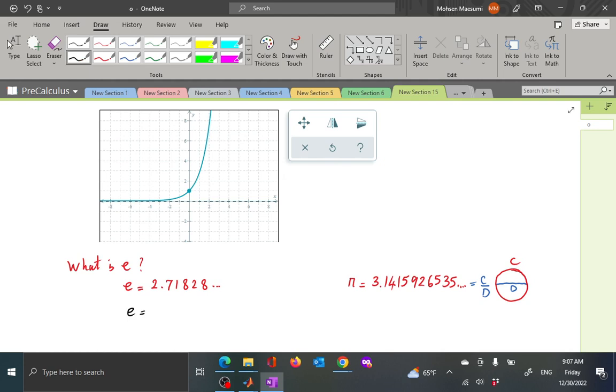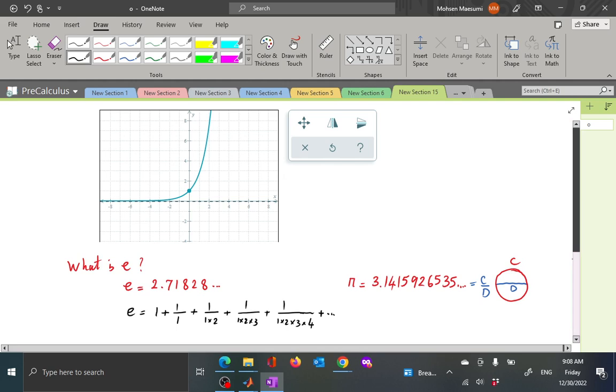One way to describe e is the following series: 1 plus 1 over 1 plus 1 over 1 times 2 plus 1 over 1 times 2 times 3, and so on we go. Okay, so this summation never stops, which just keeps adding, and this one, if you calculate it, comes close to this number quickly.